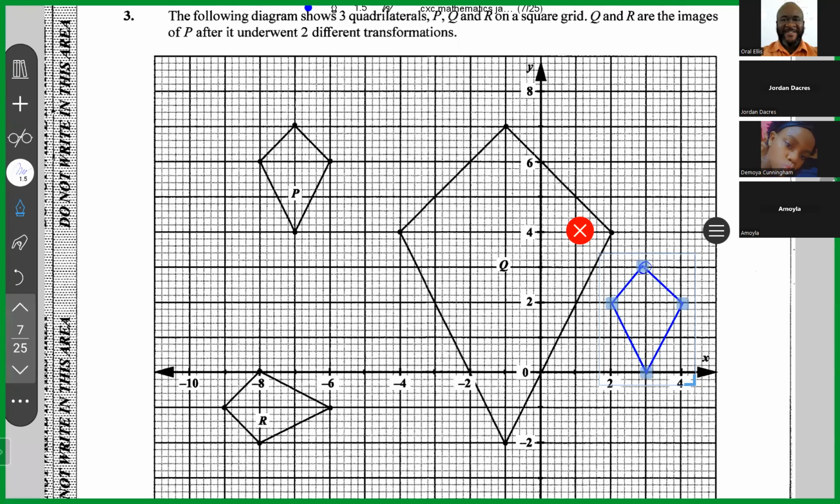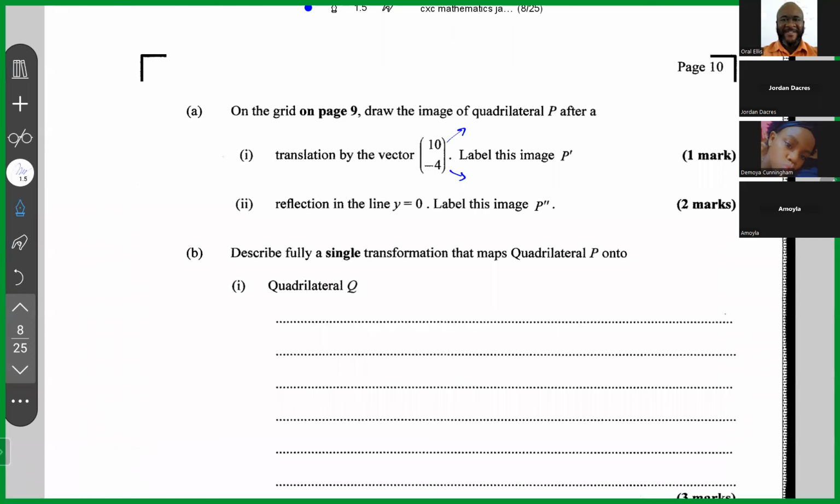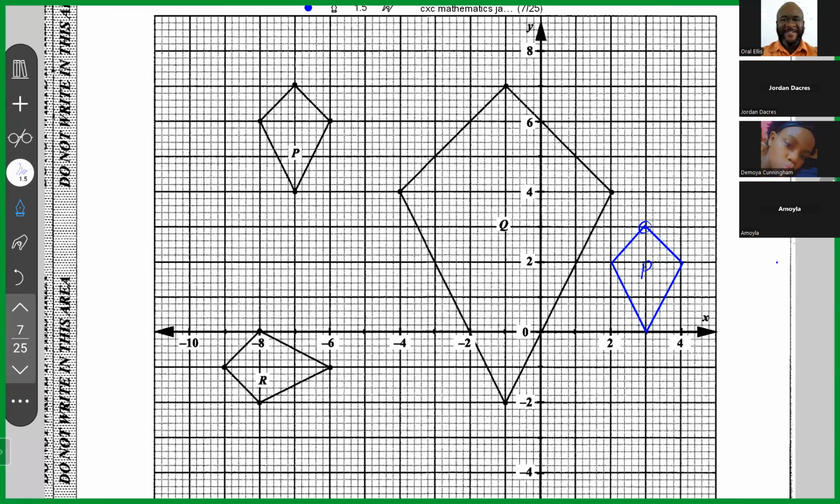That's P. We should call the image P prime. So P prime is the image of P after a translation of 10 units right and 4 units vertically downwards.